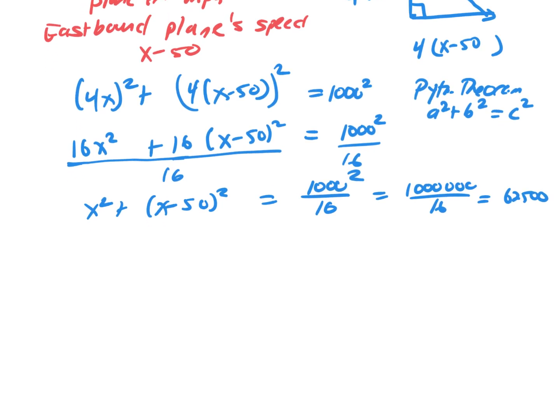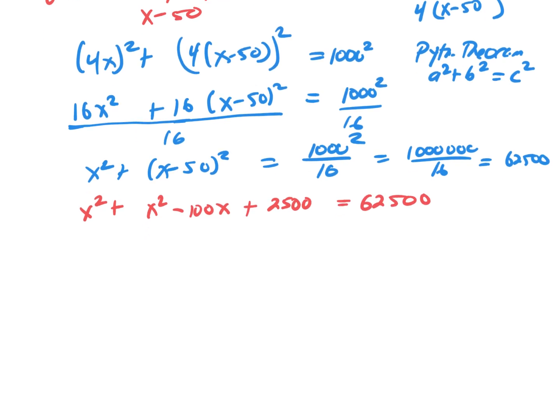Now let's go ahead and expand the binomials. We're going to have x squared plus, remember, this will become a perfect square trinomial, x squared minus 100x plus 50 squared, which is 2,500, is equal to 62,500. I'm going to combine like terms, so I have 2x squared minus 100x plus 2,500 is equal to 62,500.